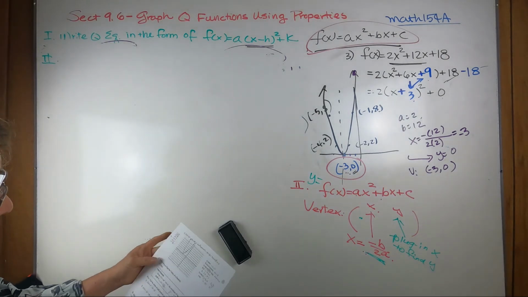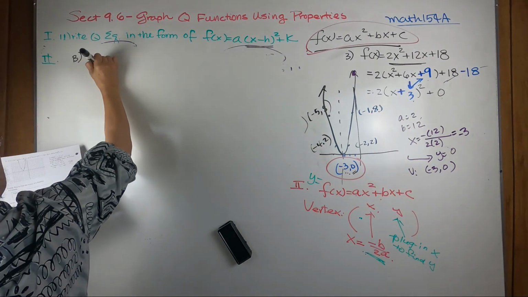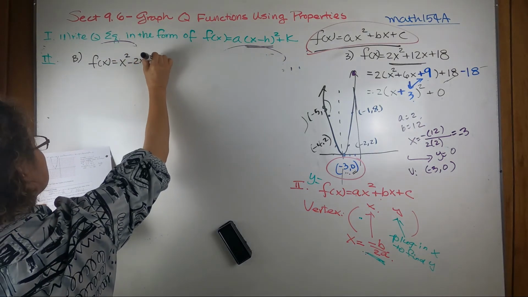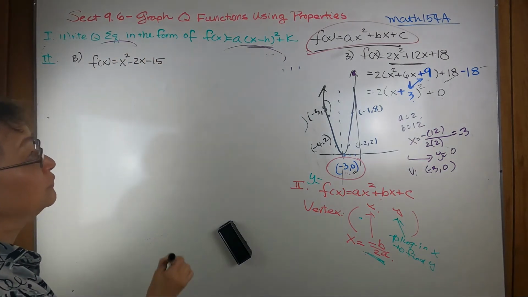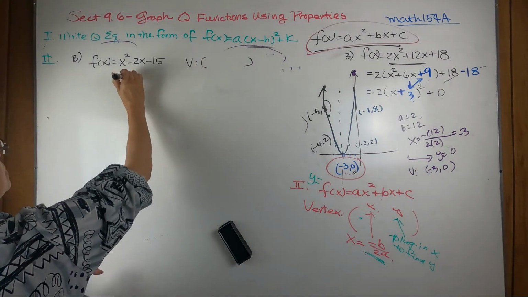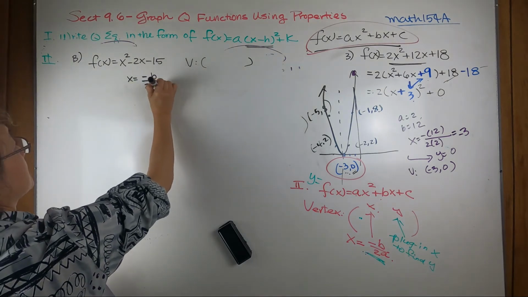So let's do some more. If we have f of x equals x squared minus 2x minus 15, and we ask you what's your vertex, all you have to do just for the x is negative b over 2a, right?